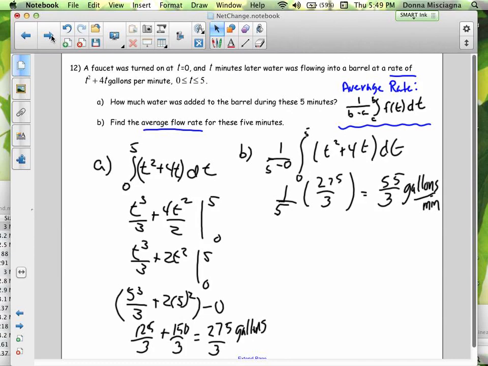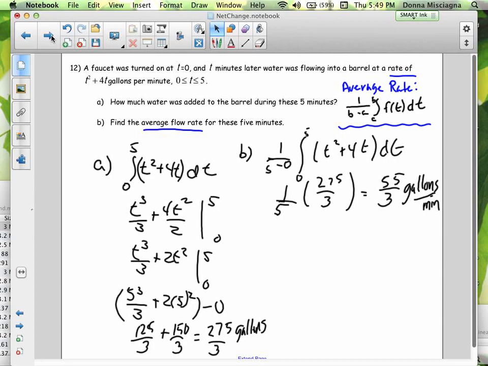So we take the integral of t squared plus 4t dt. We have t cubed divided by 3 plus 4t squared divided by 2, which becomes t cubed divided by 3 plus 2t squared. You plug in and you get 275/3 gallons. You can keep it like that or divide by 3.